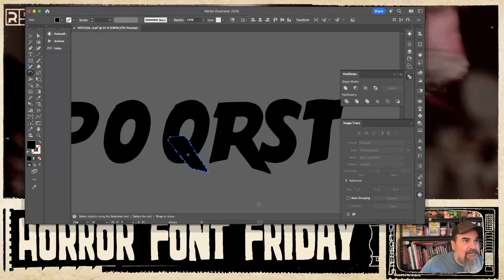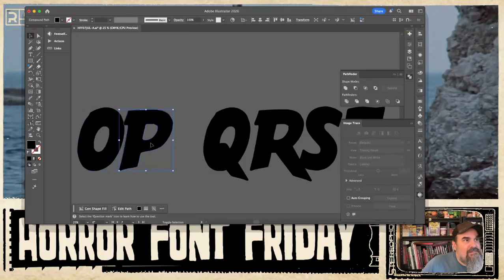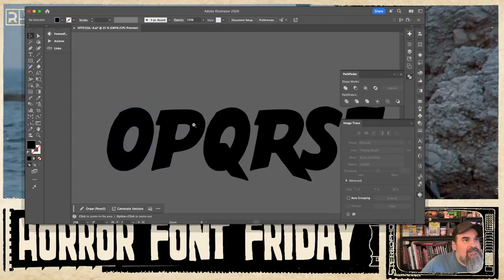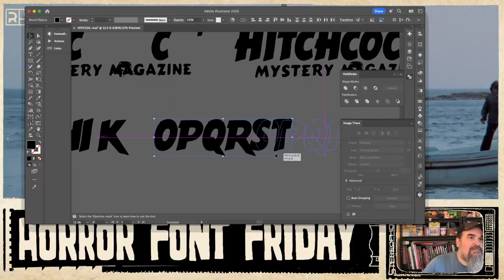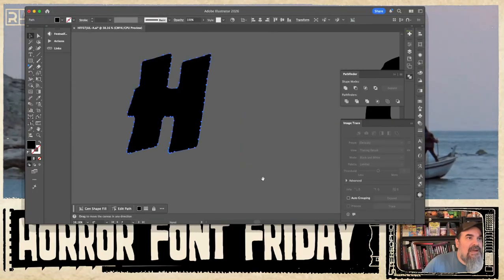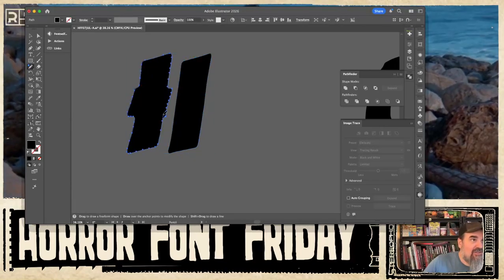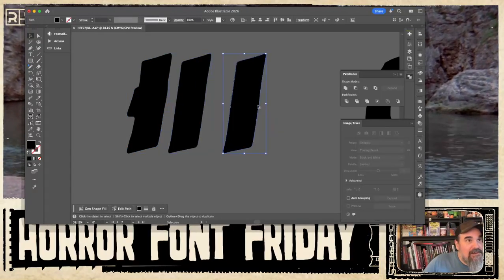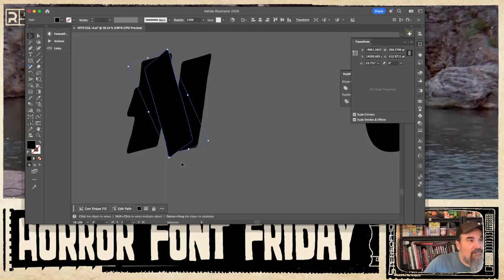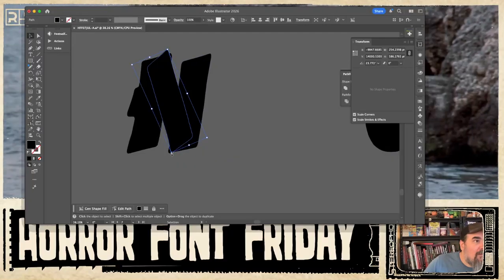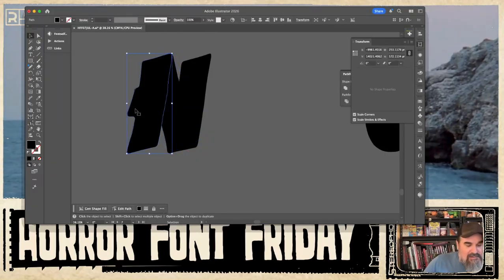That Q is going to have that similar shape. My N is going to follow a rule of width that will match the H. And that feels pretty good.